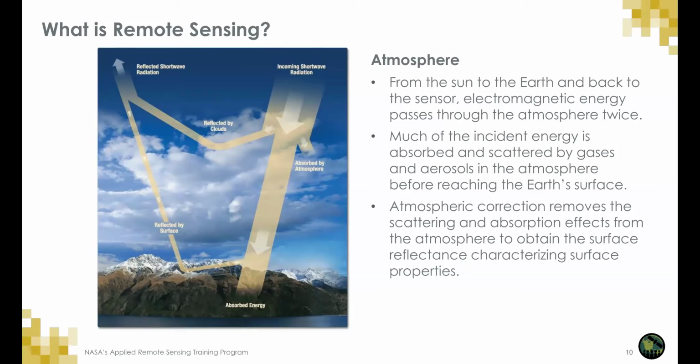It can either be reflected, it can be absorbed, it can be refracted. And so in remote sensing, there's an entire section on how you remove the effects of the atmosphere from these images so that you are able to see the spectral values, the reflected spectral values, the spectral radiance at the surface of the earth.